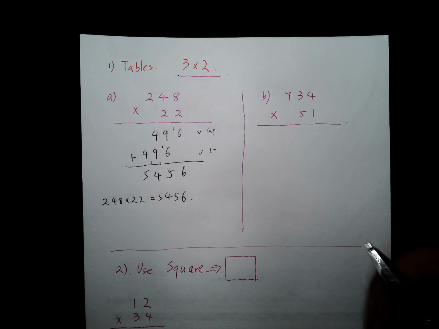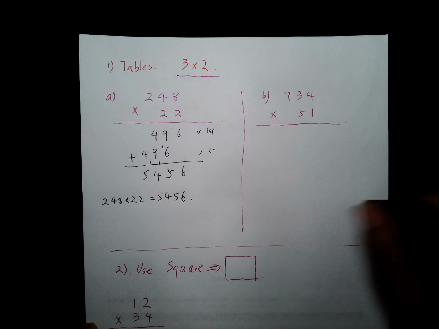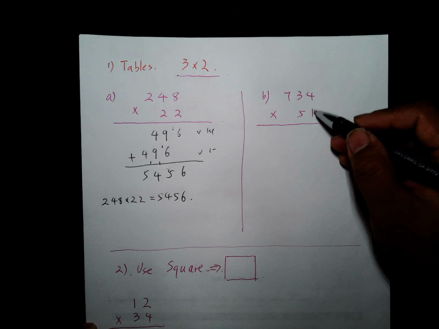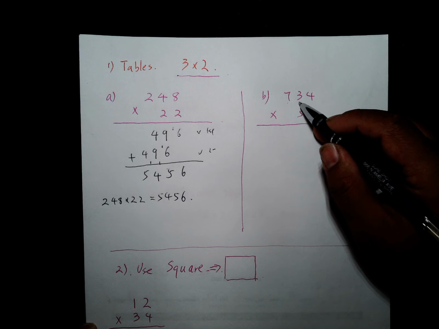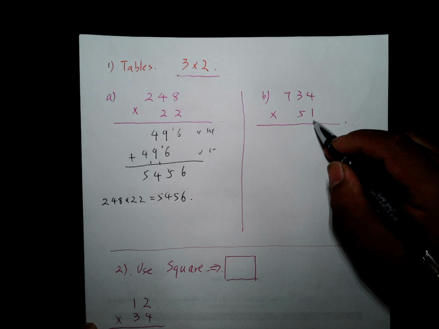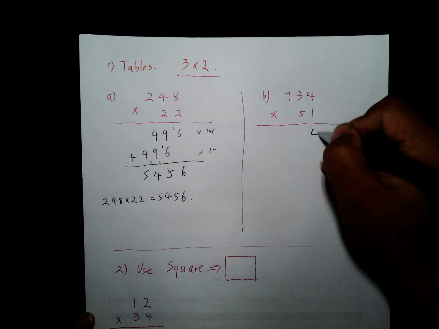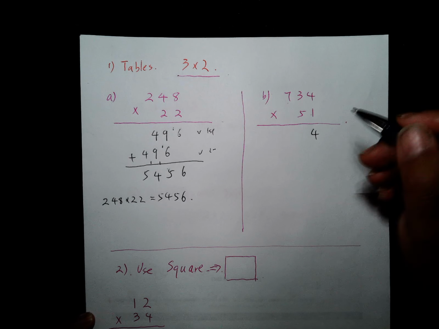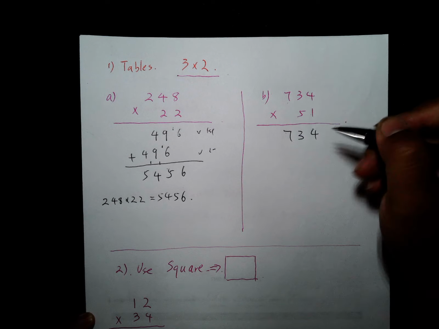That is the first scale. If we use the table, the same one we can do quickly: 734 times 51. 1 times 4 is 4. 1 times 3 is 3. 1 times 7 is 7.